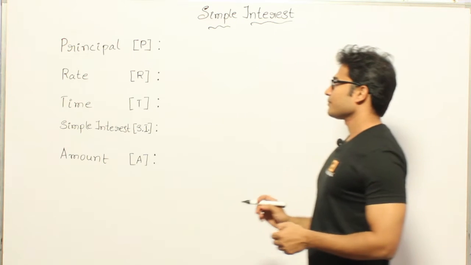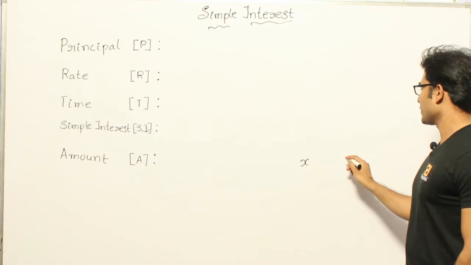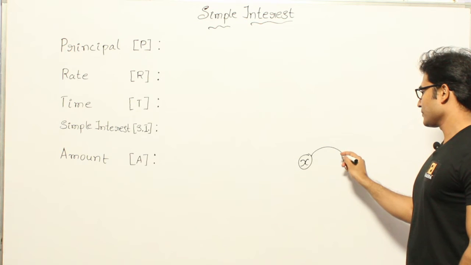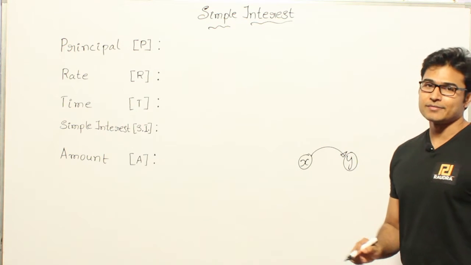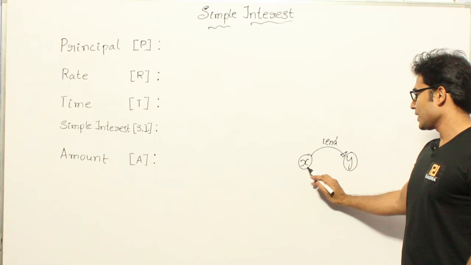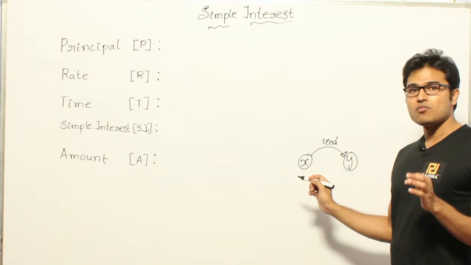Okay. So, assume that there is a person X and there is a person Y. If X gives some money to Y, then it is called lending. Right? So X is lending some money to Y. And also we can use the word borrows.